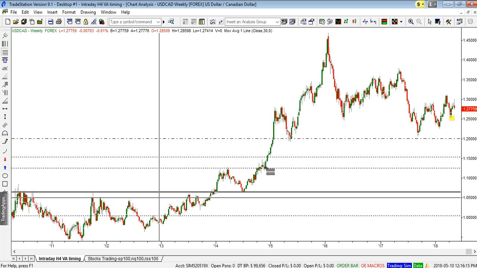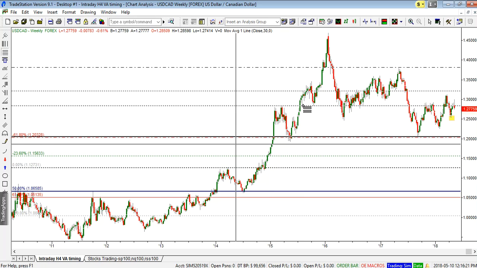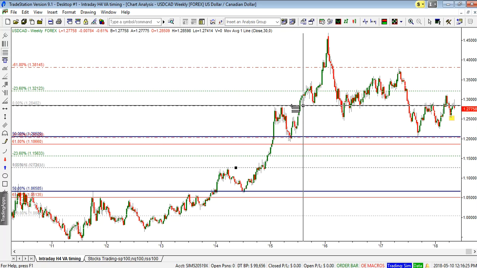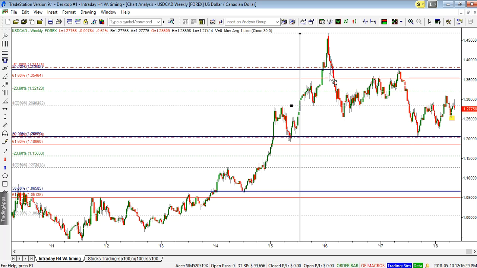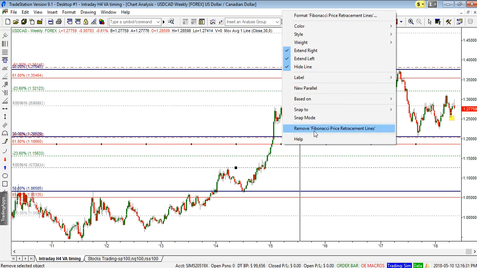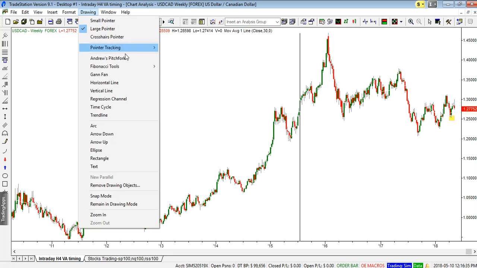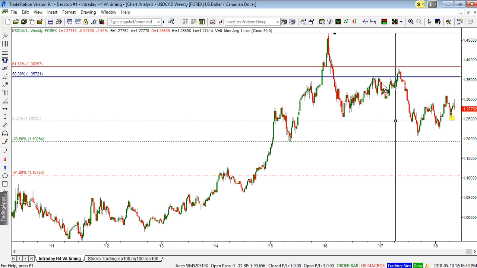So there was an extension here, first and second target, another extension, first and second target, and another extension that initially held, as you can see here, and then it failed. And because the trend has failed, now we move in reverse. So the 50% short has traded a number of times here and then participation here.